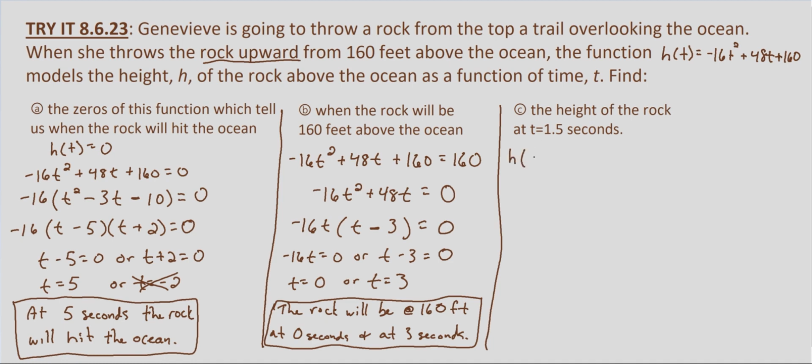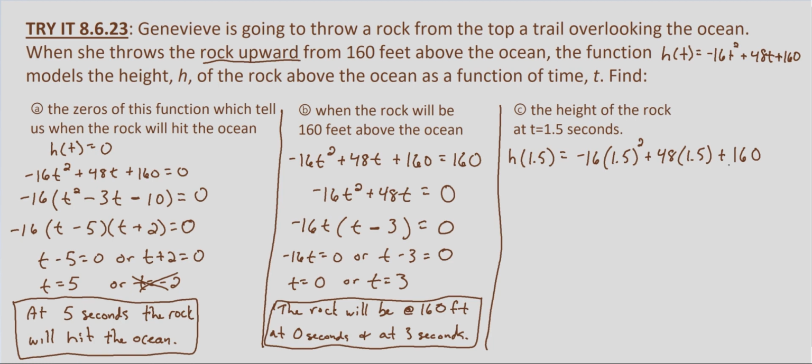So to find the height of the rock at t = 1.5 seconds, we're looking for h(1.5). We substitute 1.5 for t. So -16 times 1.5² plus 48 times 1.5 plus our initial height of 160.